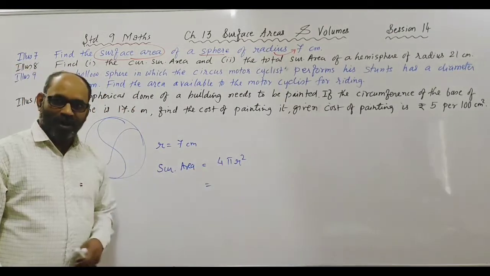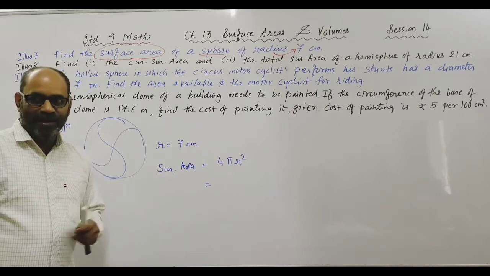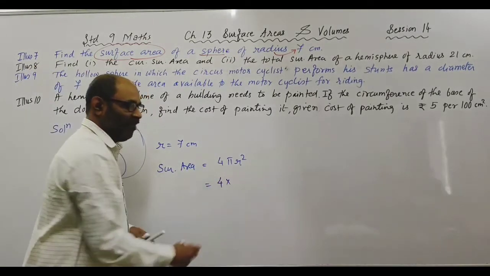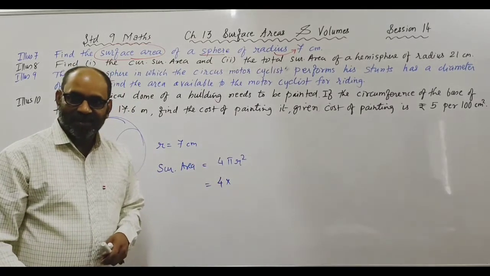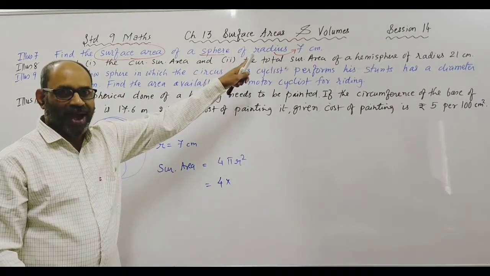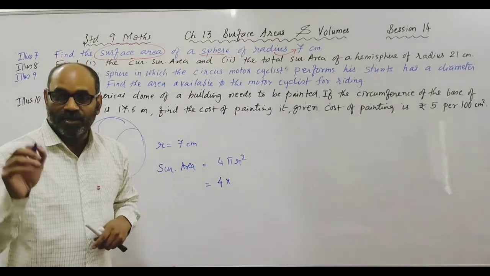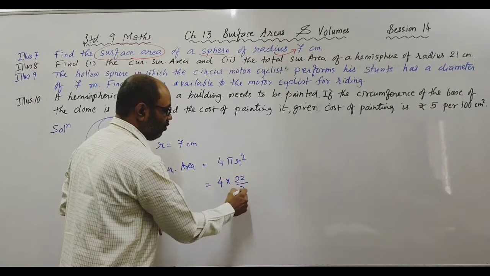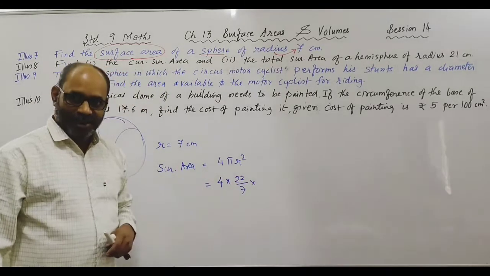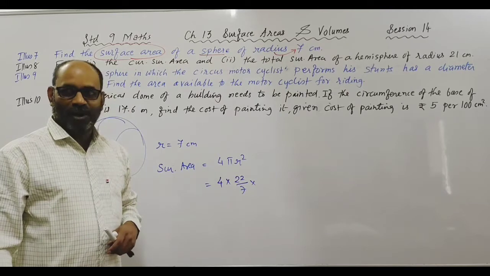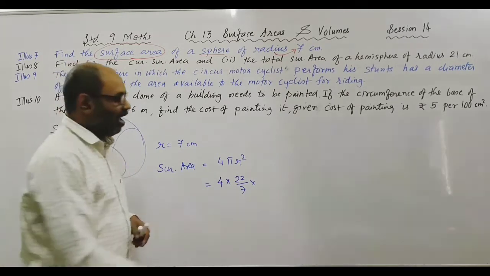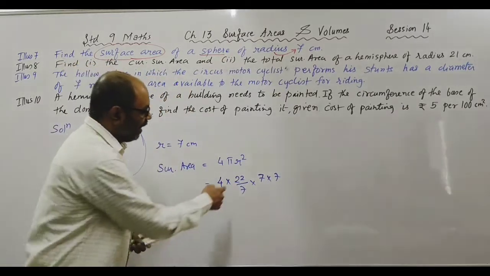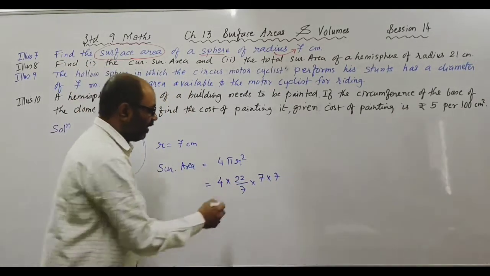Go for the substitution. What is the value of 4? It is 4 itself. Value of pi? Because nothing is mentioned about pi, we have to recall the value that is memorized or known to us, that is 22 upon 7. And the radius is given, and fortunately it's a multiple of 7, 7 into 7, so you can easily get rid of the 7 in the denominator.